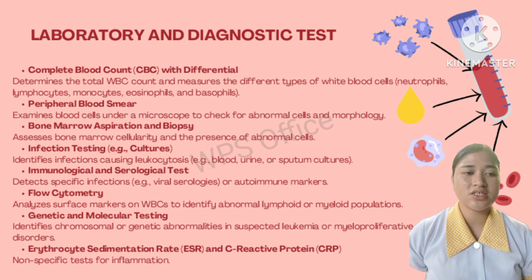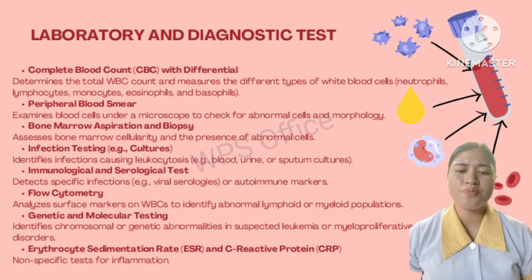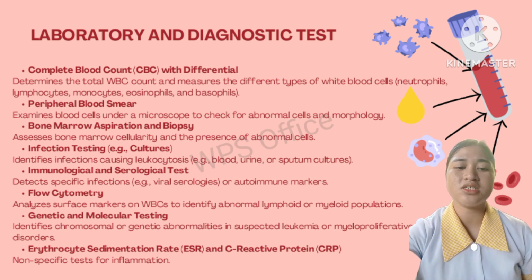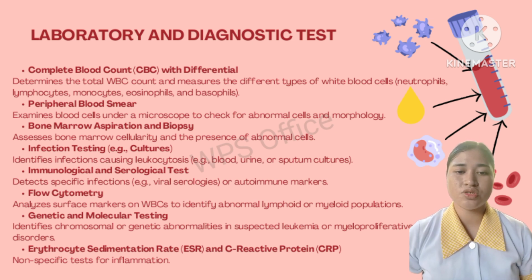Examines blood cells under a microscope to check for abnormal cells and morphology. So abnormalities in cell shape, size, or appearance can provide clues to infections, leukemia, and other disorders. The third one is the bone marrow aspiration and biopsy.